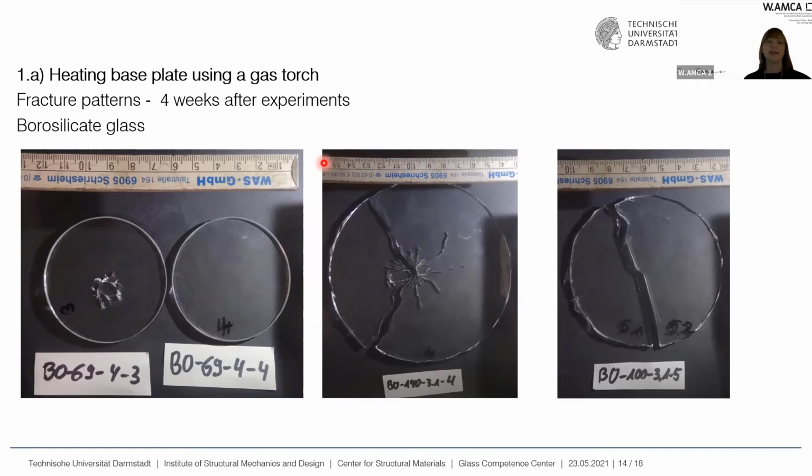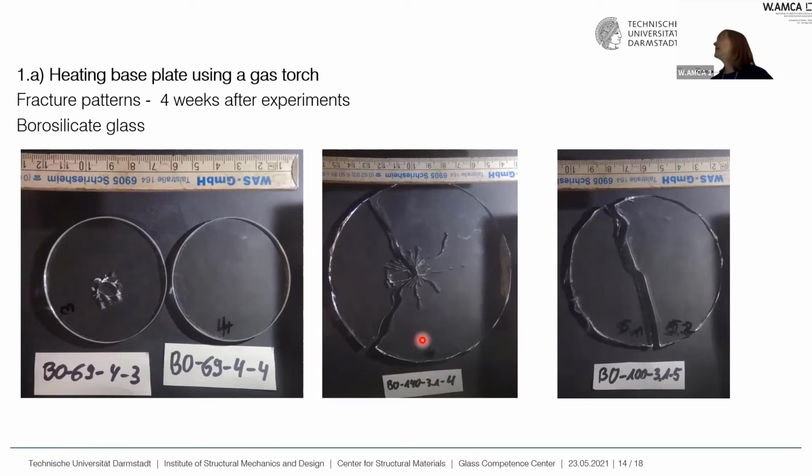These are fracture patterns from borosilicate glass, and we have specimens without any cracks. We have specimens with some cracks, and we have specimens, especially in borosilicate glass, which look like a little animal.